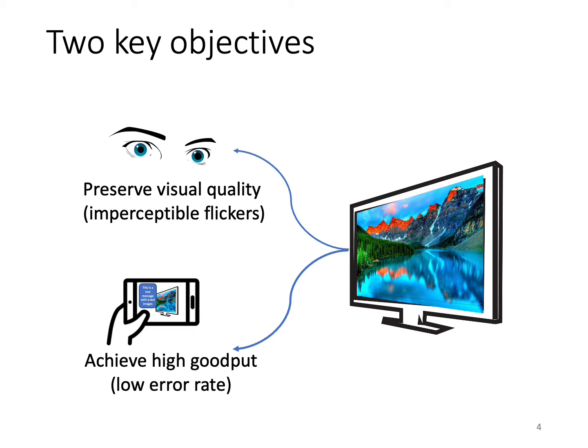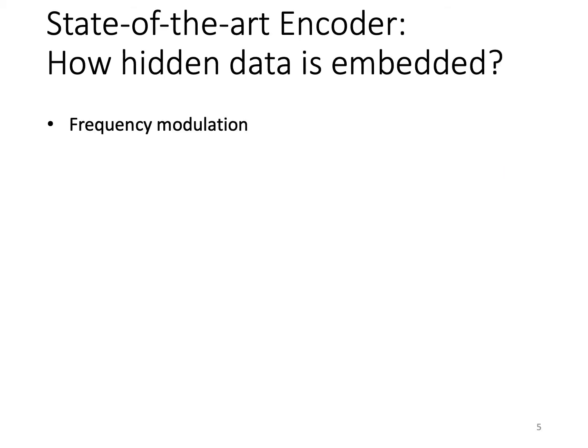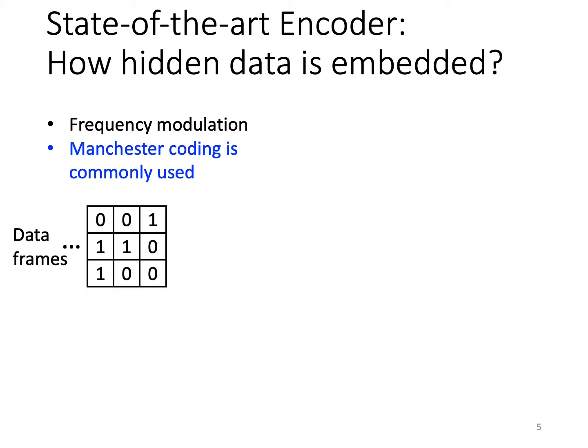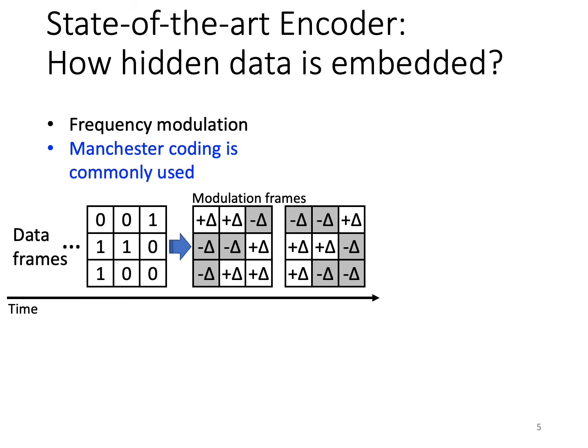Now, let's see how screen camera communication has been done before. At the encoder side, we could use frequency modulation to embed the data, but Manchester coding is more common in previous works. Assume we have some data, we arrange them into grids. From each grid, we generate two complementary modulation frames.